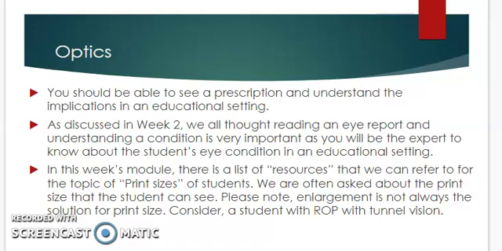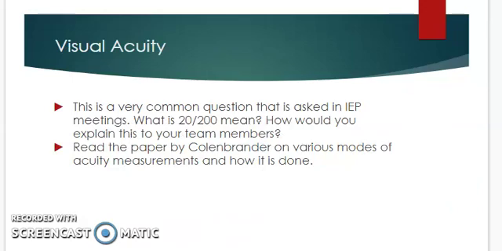Think about what else you can do for the student. If you enlarge the print, it's actually going to affect the vision more, as there will be fewer words in the student's vision field to read. So think about how you can change it. Enlargement is not always the solution.